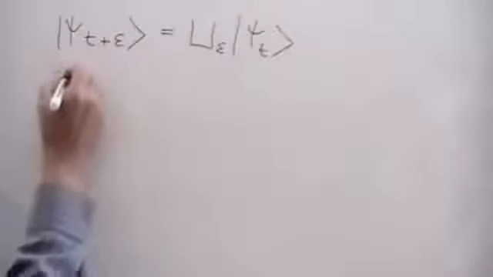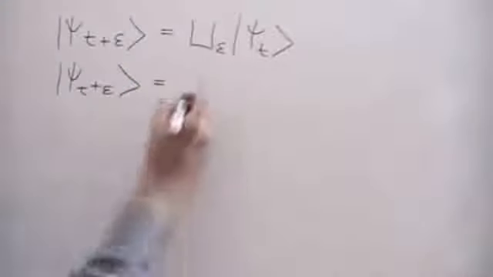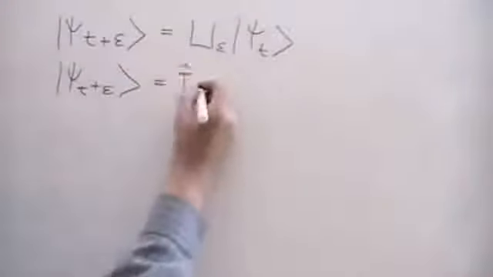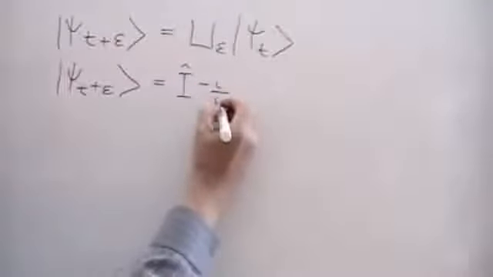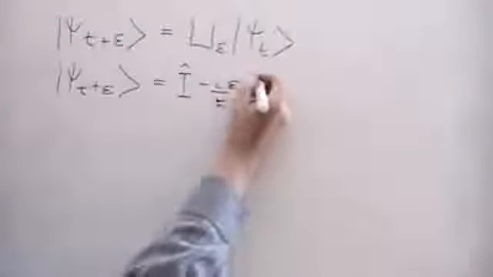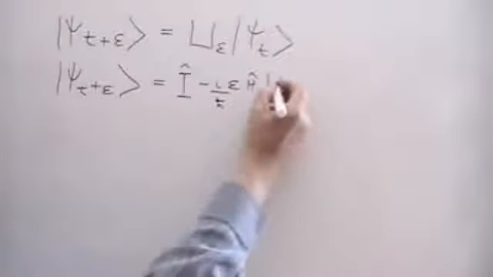Well, that means that psi at t plus epsilon is going to be equal to u, which we know is the identity operator, minus i over h bar epsilon h acting on psi of t. So let's write that out.